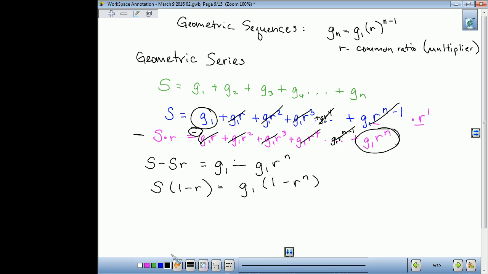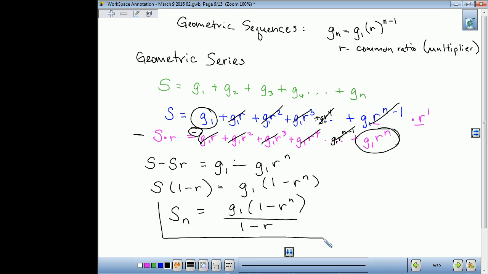How do I solve for s? Divide. So the sum of a finite series is the first term times 1 minus r to the n divided by 1 minus r. That's it. Isn't that cool?